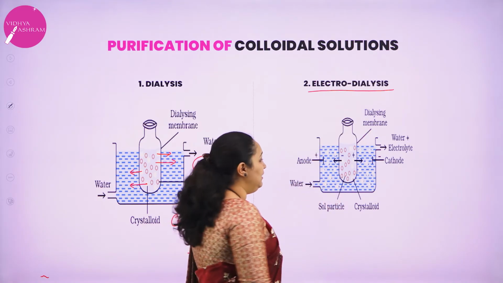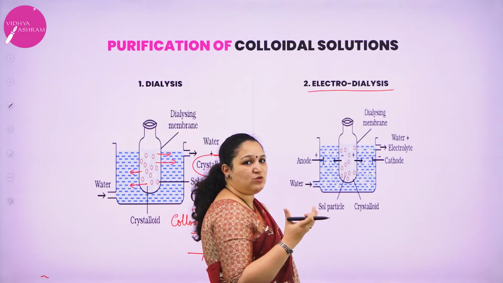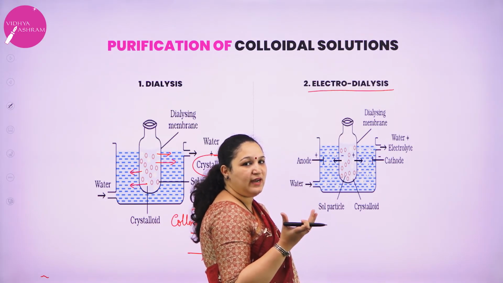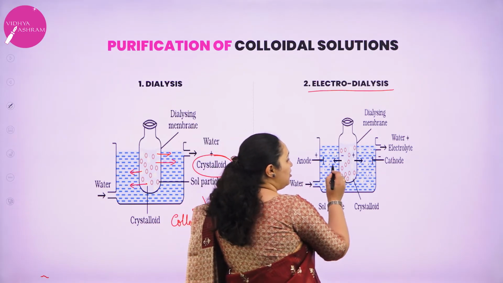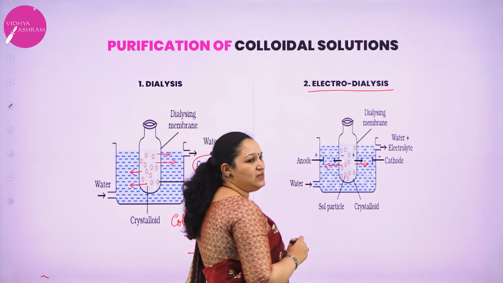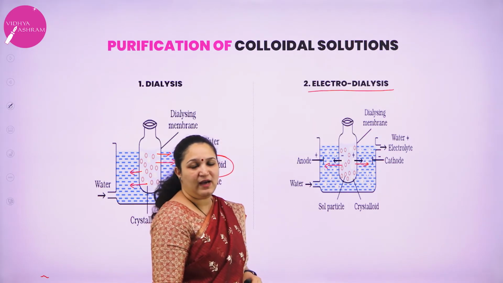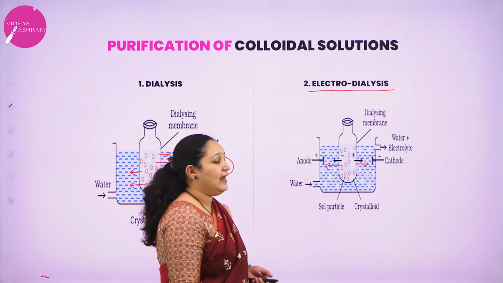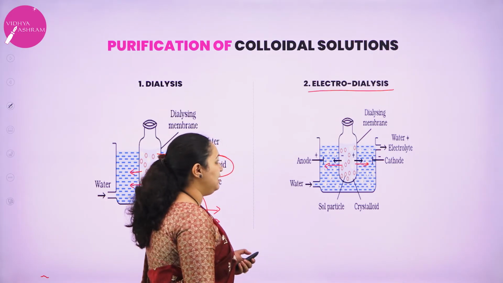The electrolytic particles are usually ions, cations and anions. So cations will move towards the cathode and anions will move towards the anode because of the attraction for the respective electrodes. That is electrodialysis.